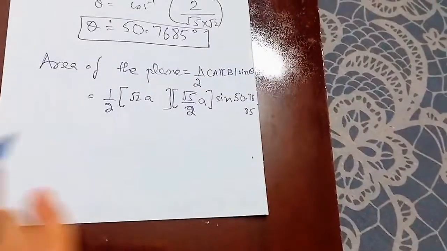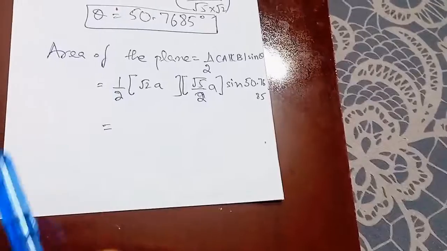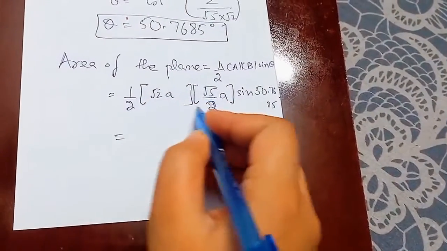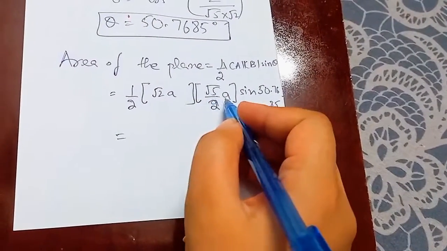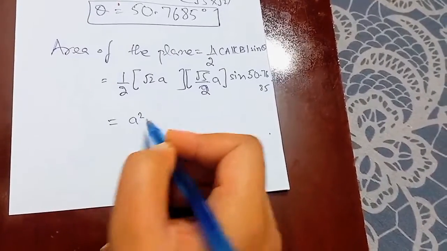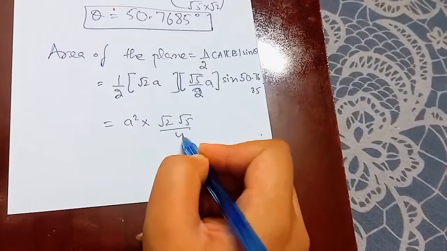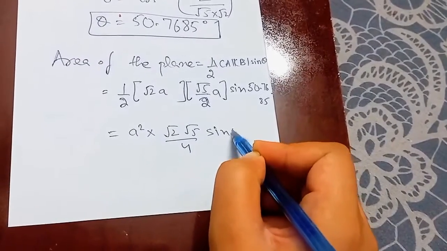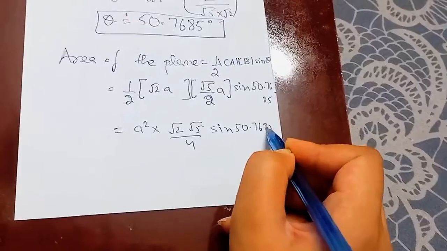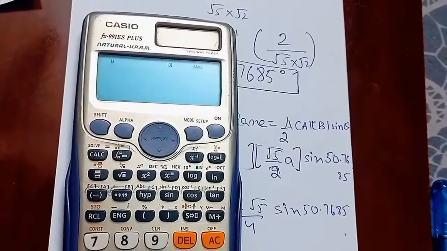Alright, so let's calculate it and see what the area comes out to be. We can do some simplifications even here. A square multiplied by under root 2 under root 5 by 4 sine of 50.7685. This is the angle accurately, so I'm taking sine of this thing.